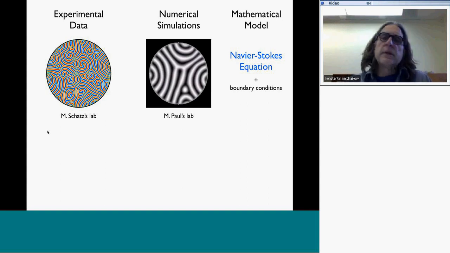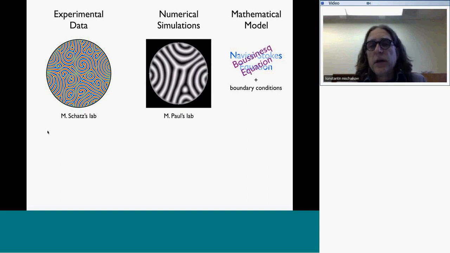In addition, for problems like this, Navier-Stokes is quite difficult to solve. It's known to be a difficult set of partial differential equations to solve. So one likes to solve an easier equation, and there's an approximation to the Navier-Stokes equation called the Boussinesq equation, typically used for these kinds of convection experiments.